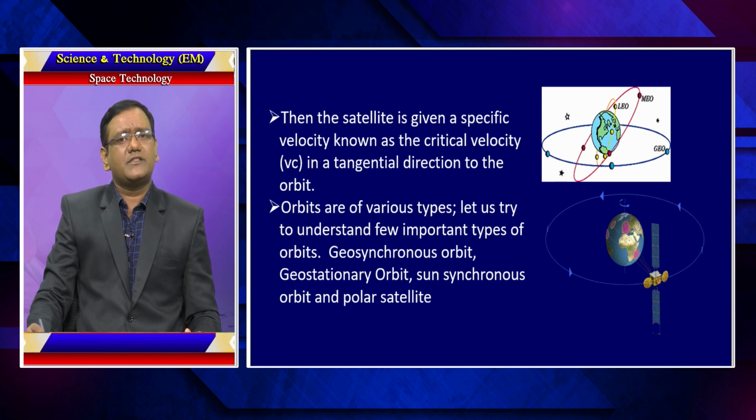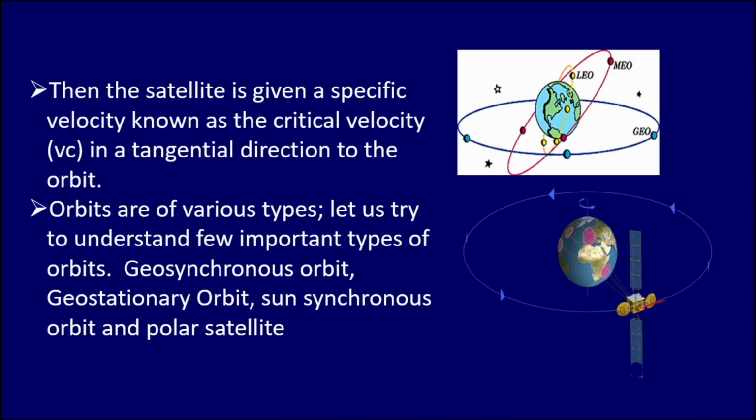If this satellite wants to revolve around this particular orbit, it is given a specific velocity, and that velocity is called the critical velocity. Critical velocity is the velocity required to keep that satellite in that particular orbit.